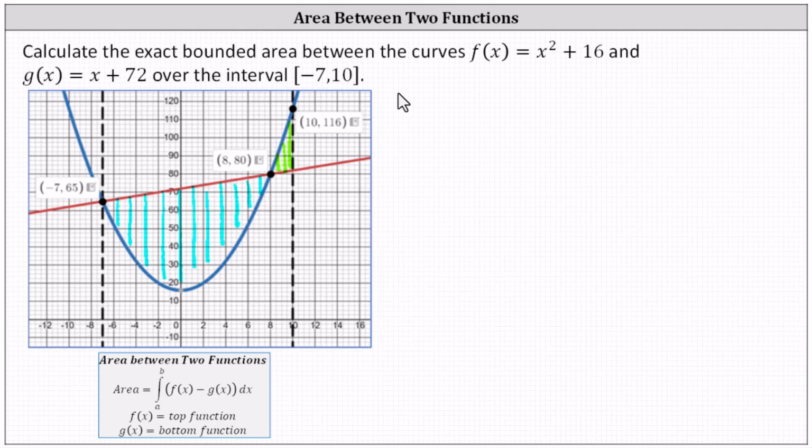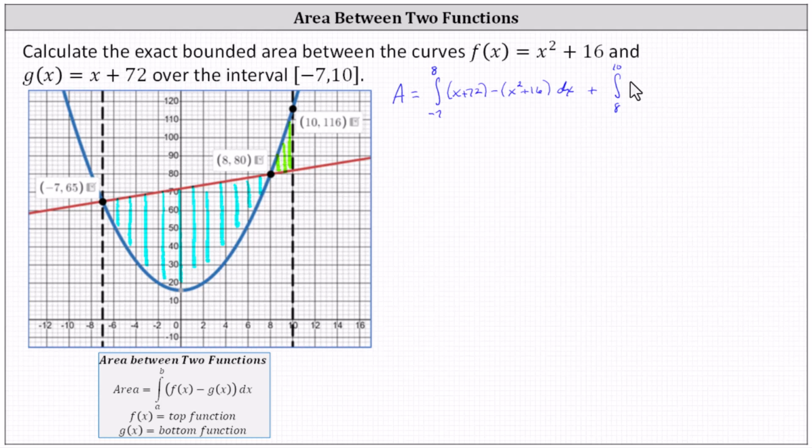The total area is equal to, first we have the definite integral from -7 to +8, where the integrand function again is the linear function minus the quadratic function, or the quantity x plus 72 minus the quantity x squared plus 16, integrated with respect to x, and then plus the integral from 8 to 10, where the integrand function is now the quadratic function minus the linear function.